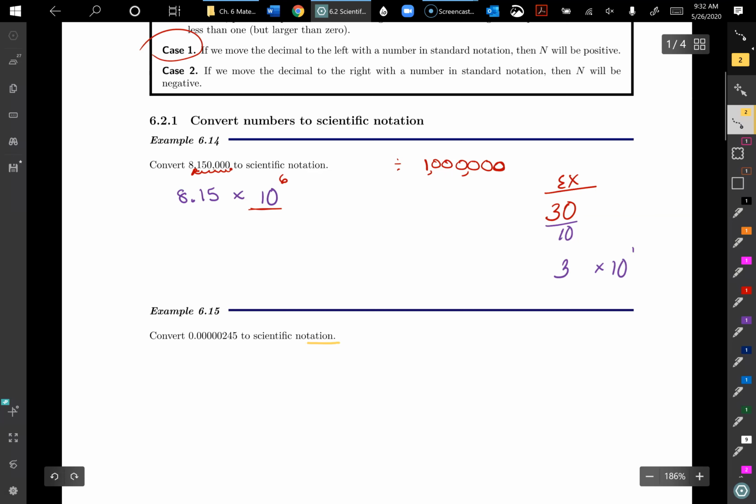So here we have example 6.15, convert 0.0000245 to scientific notation. So now we want to get our decimal all the way over to here so that we have 2.45, so that a is a value between 1 and 10, right? In order to do that, I would need to actually move right 1, 2, 3, 4, 5, 6 places.